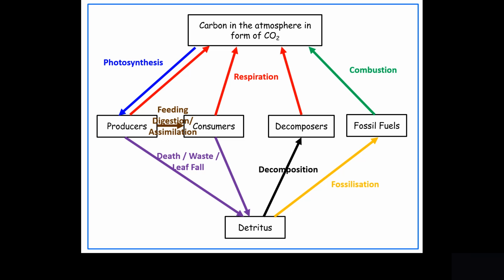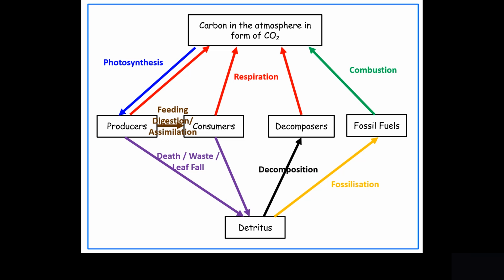So for instance, consumers through their urine and their feces, and the leaf fall from the trees and other plants that leaves fall from. All of that ends up as dead organic matter. Okay. And organic, if you remember from our biological molecules topic in year 1, is anything that contains carbon, hydrogen and oxygen atoms. So all 3 need to be present for a molecule to be classed as organic.